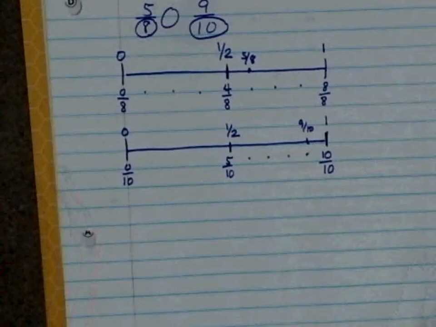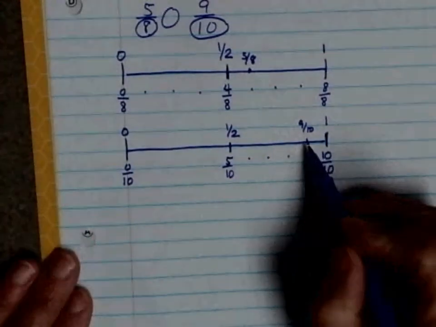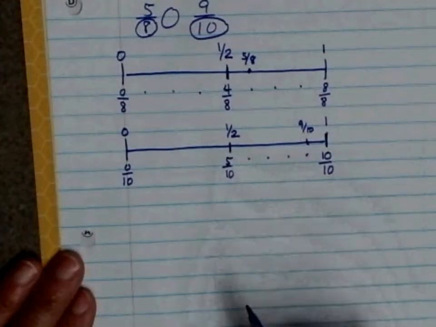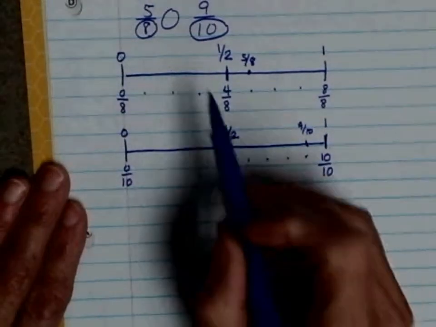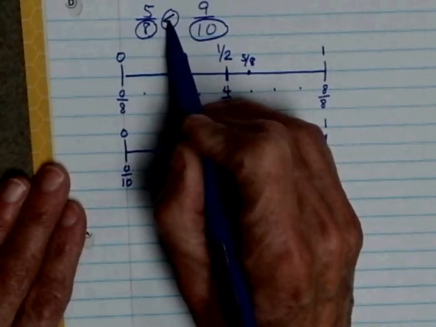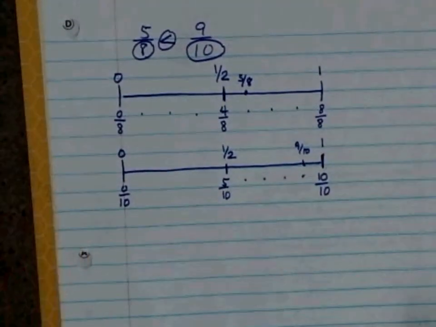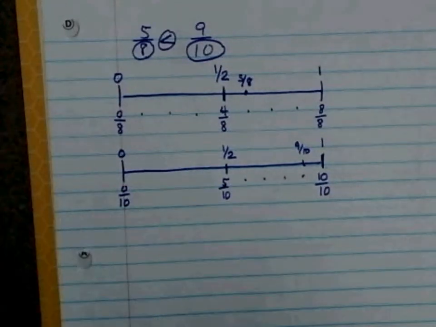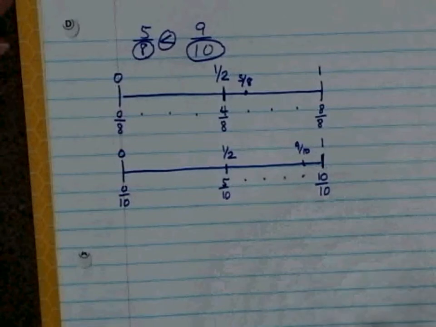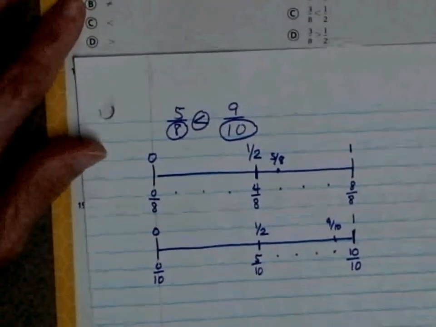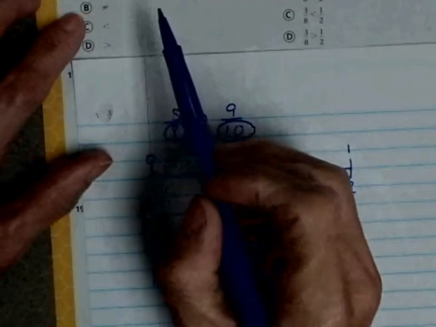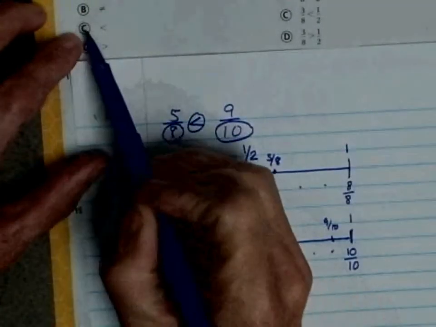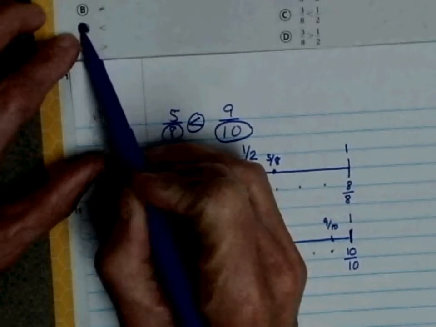So we can say that 5/8 is closer to 1/2 and 9/10 is closer to 1. Therefore, 5/8 is less than 9/10. So that is using our benchmark fraction strategy. So our answer choice would be C.